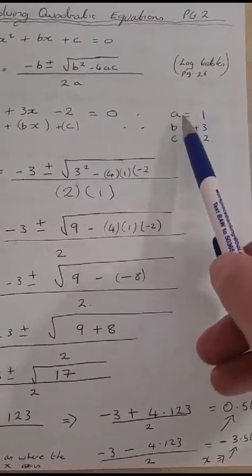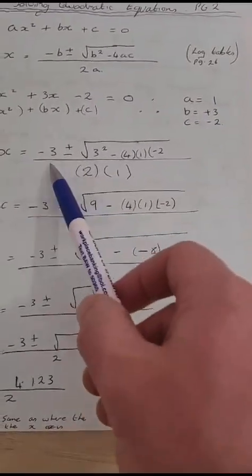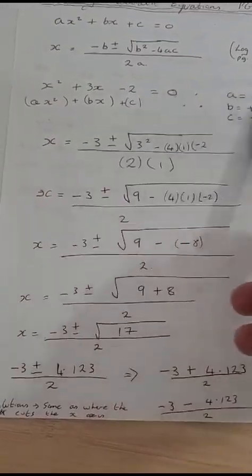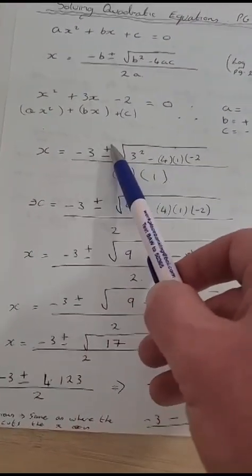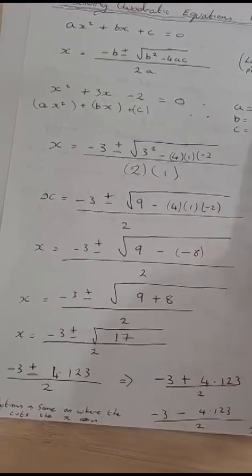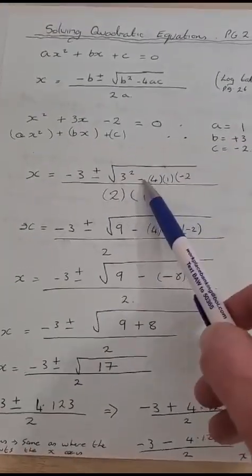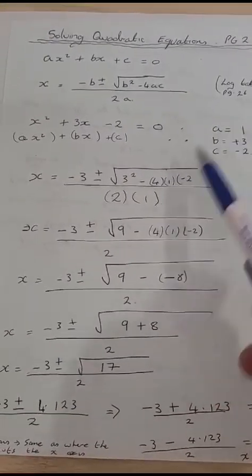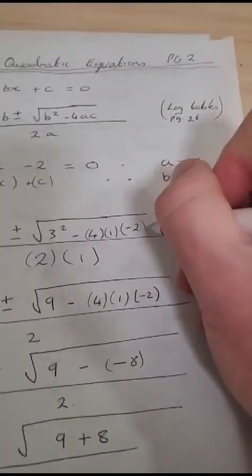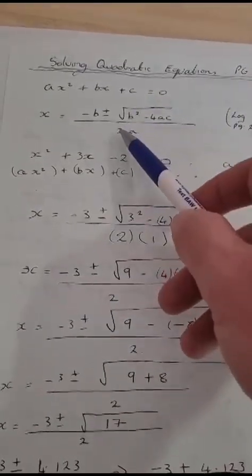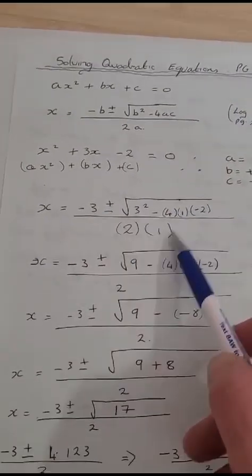So now that we know what a, b, and c are, we just simply put the values into our formula. So it's minus b, so it's minus 3, plus or minus the square root of b squared, which is 3 squared, minus 4 multiplied by a, which is 1, multiplied by c, which is minus 2, all over 2 times a, which is 2 times 1.